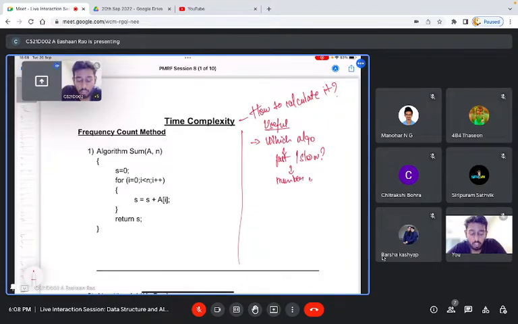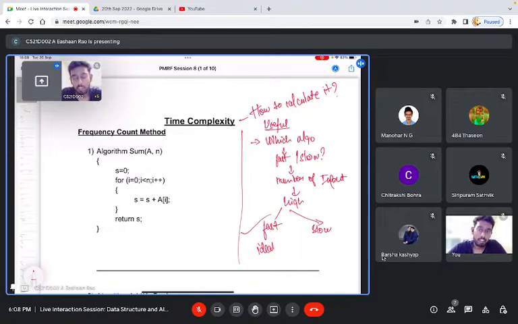If input is high and still the algorithm is working fast, that is our ideal condition. But if it is getting slower as the inputs get higher and higher, this is not an ideal case for us, so we should identify such cases.